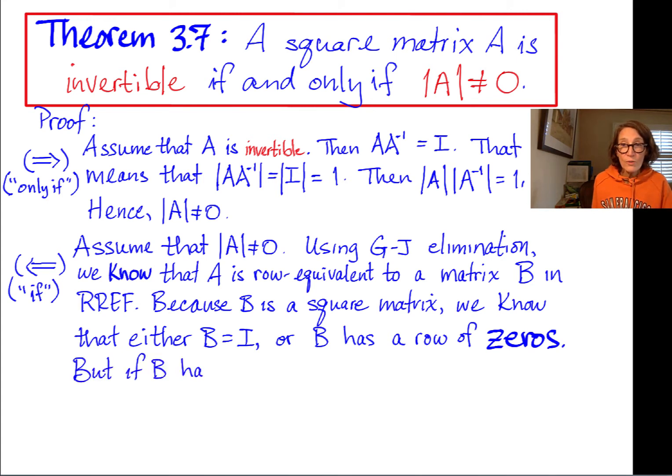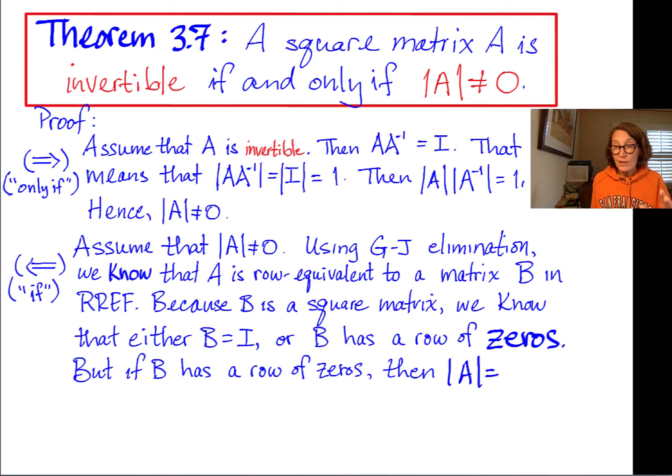Well, we know that the determinant of B would be 0 if it had a row of zeros, right? And that would mean that the determinant of A, because the determinant of A is just going to be some scalar multiple of the determinant of B, because we just did some elementary row operations on it. So that would mean the determinant of A would have to be 0 if its reduced row echelon form had a row of zeros at the bottom.